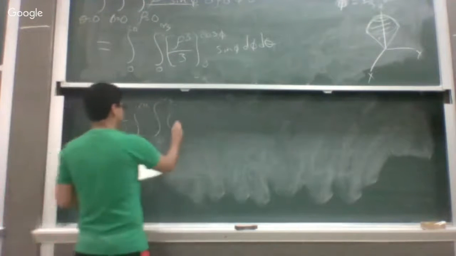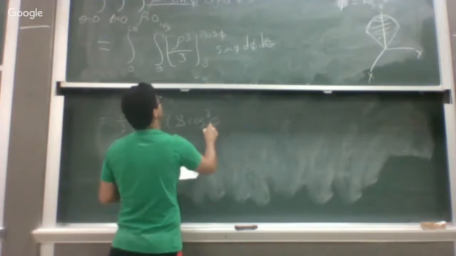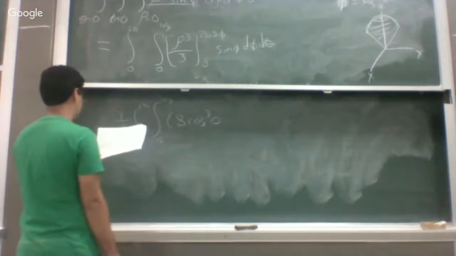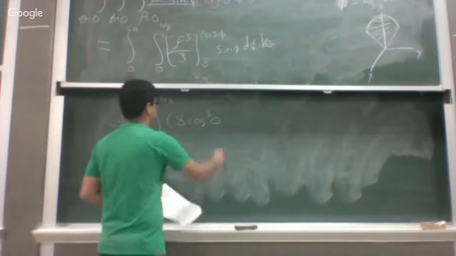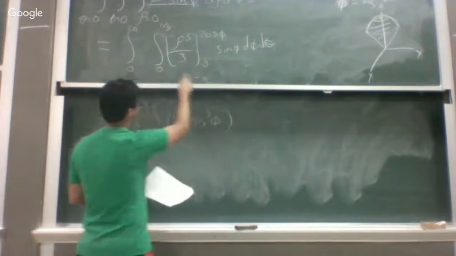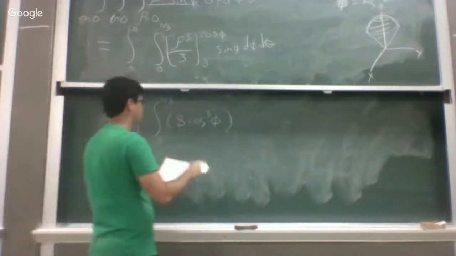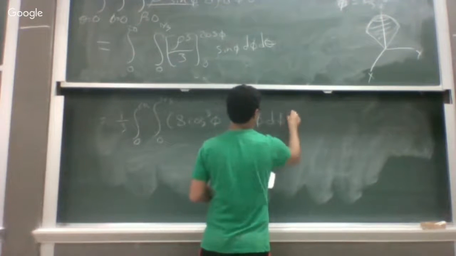So that's 8 times cosine cubed phi. We haven't done theta yet, they put theta here by mistake. And then minus 0, so we can just ignore that, times sine of phi, d phi, d theta.